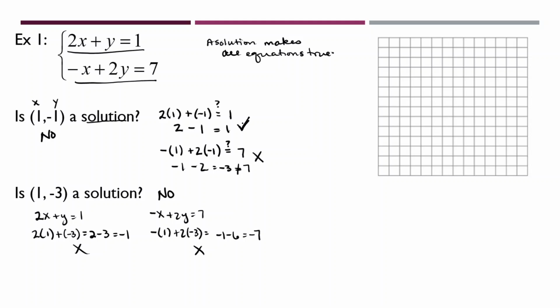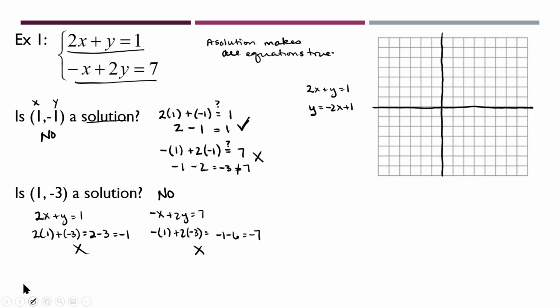So then the question is, well, how do I find the actual solution? Well, graphically, the solution is where the two equations overlap. In other words, where they intersect. So we're going to graph the two equations. Okay, so 2x plus y equals 1 means y equals negative 2x plus 1.